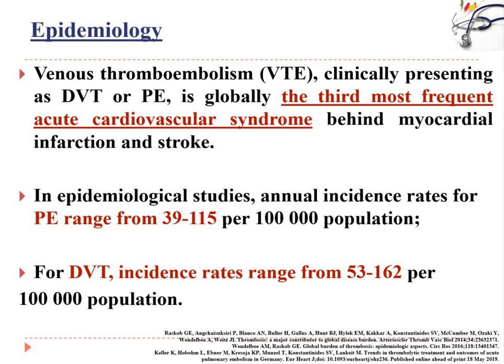In epidemiological studies, annual incidence rates for pulmonary embolism range from 39 to 115 per 100,000 population. For DVT, incidence rates range from 53 to 162 per 100,000 population.